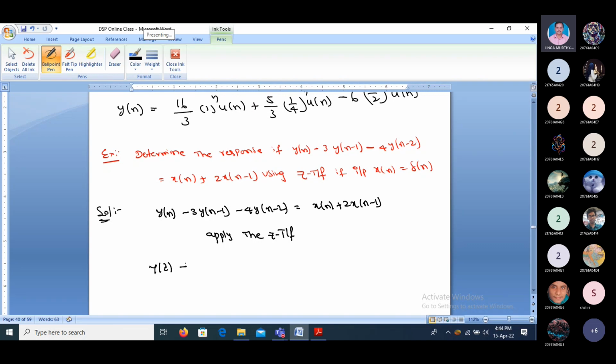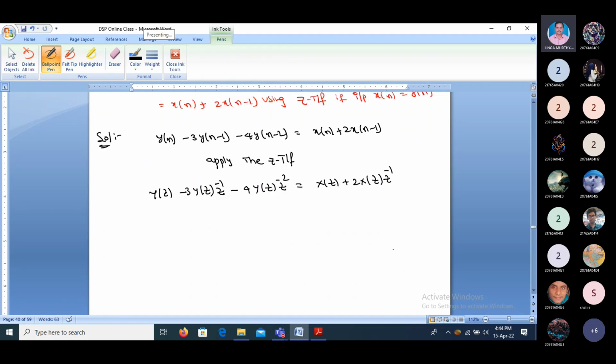So Y of z minus 3 into Y of z into z inverse minus 4 into Y of z into z power minus 2 is equal to X of z plus 2 into X of z into z inverse. Taking Y of z common here, 1 minus 3 z inverse minus 4 z power minus 2 is equal to, and taking X of z common here, 1 plus 2 z inverse.